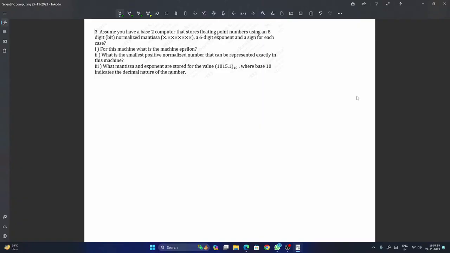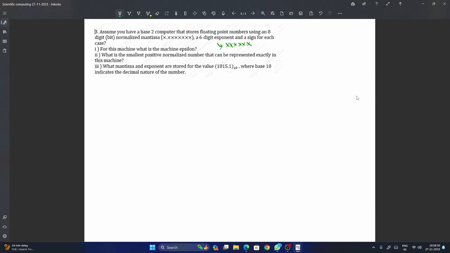That means 6 digits, you can assume it as x x x x x x. Total 6 boxes will be there, and a sign for each. So here it says the mantissa also has a sign, not like the 754 format.